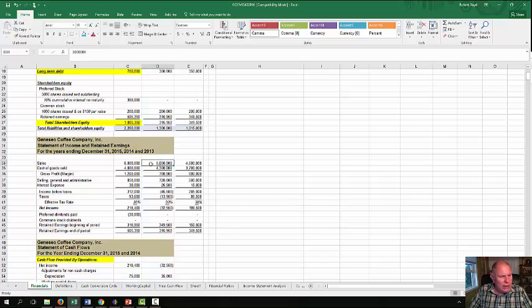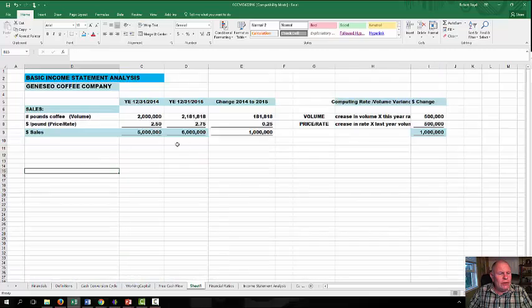What we're looking at is an increase from $5 million to $6 million. So we saw a $1 million increase. I'm looking at what makes up this increase from $5 million to $6 million.